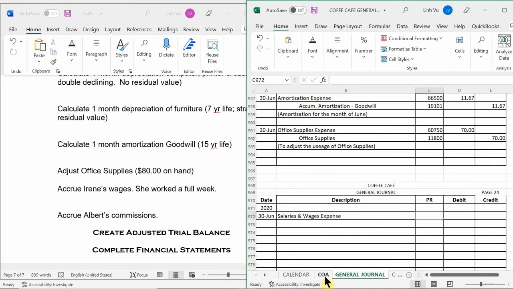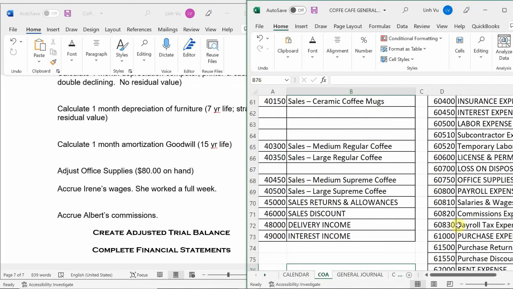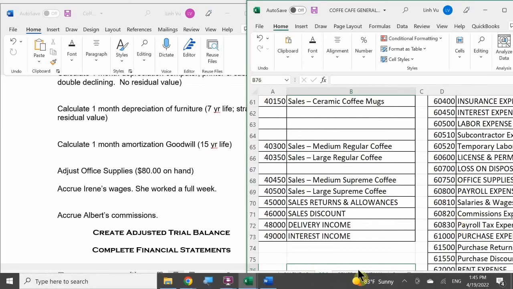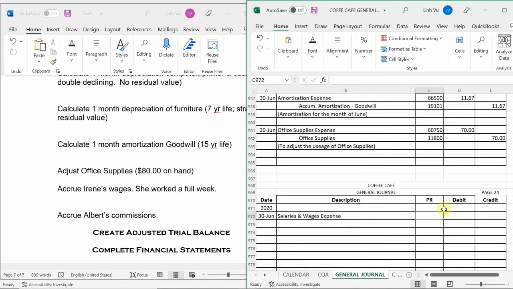So let's see. Salaries and wages expense, 6810. And I owe her $340. But I'm not going to pay her now. I'm going to choose to pay her later. So which account would I use to represent that I'm going to owe her money?